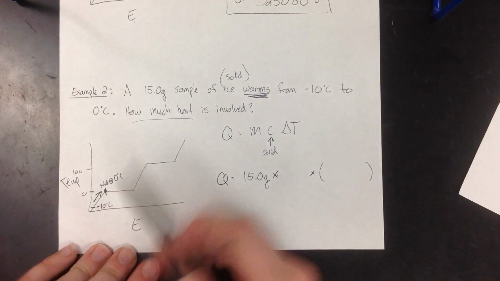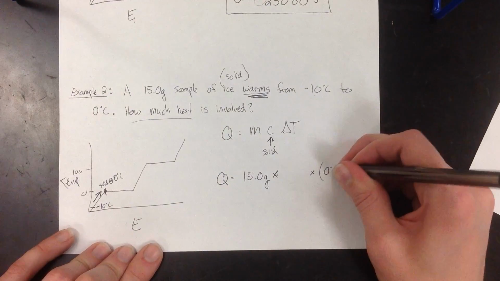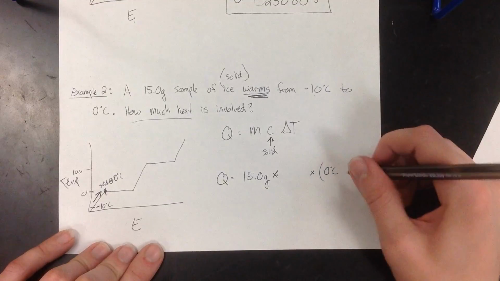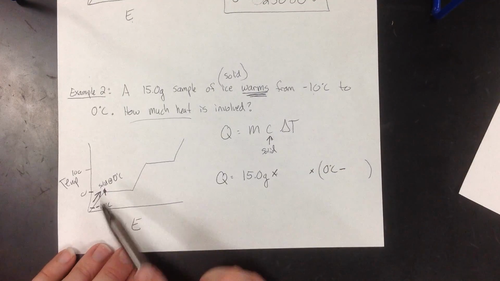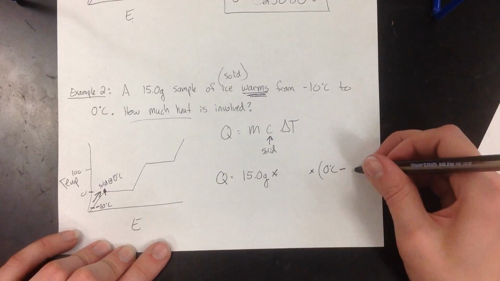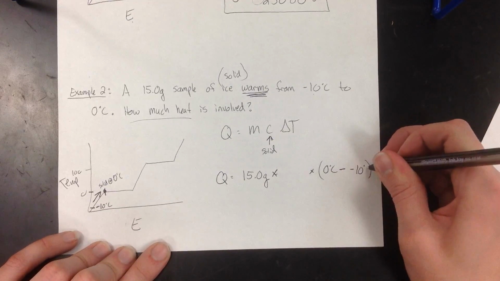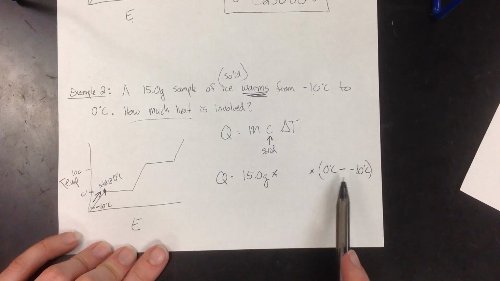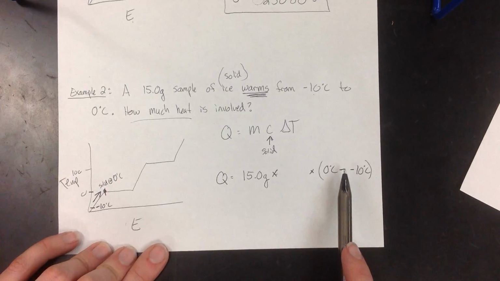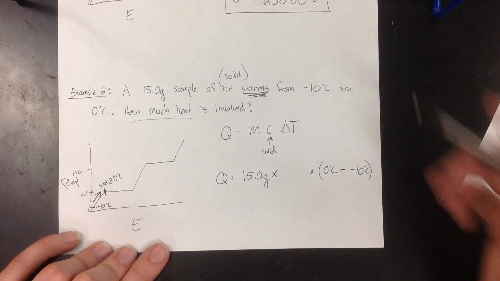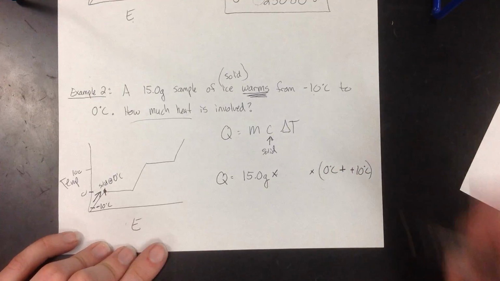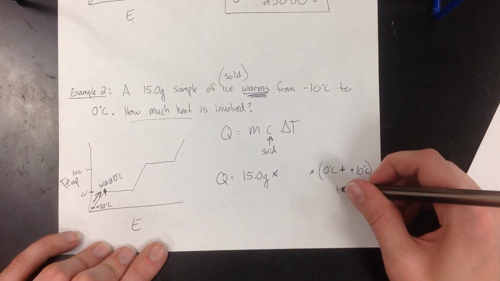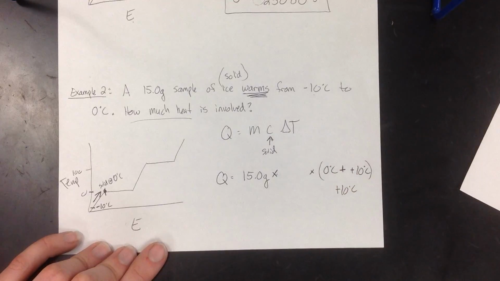Well, my final is 0, because that's where I'm ending, minus my initial amount where I started, which was a -10. Anytime you have this double negative, so a minus and then a -10, they end up being positive signs. So this ultimately has a temperature change of positive 10 degrees.